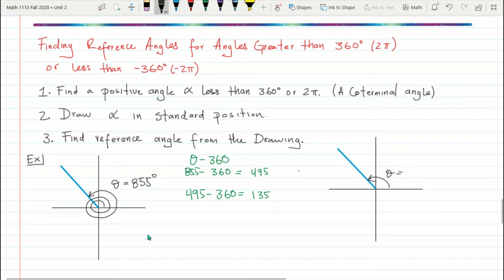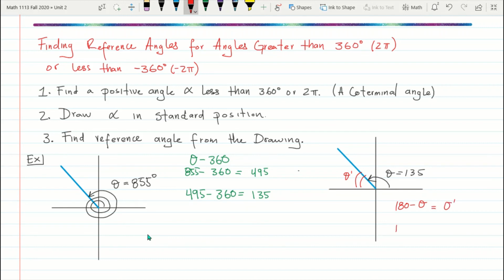So this is 135, and whatever is left in here is going to be theta prime. Once again, we would do 180 minus theta to get the reference angle.